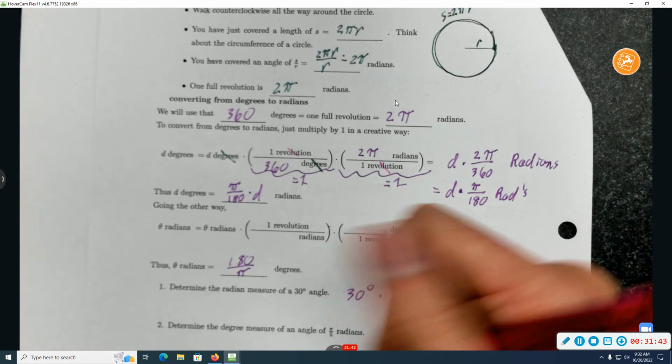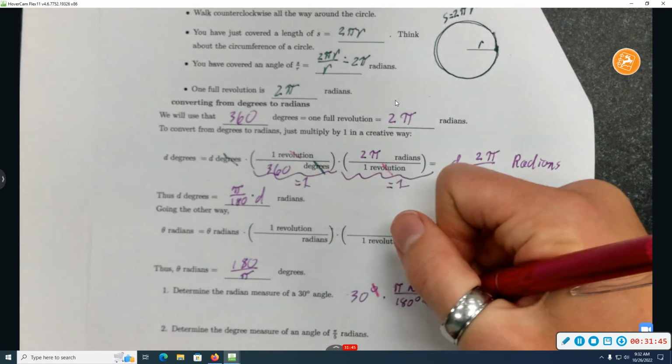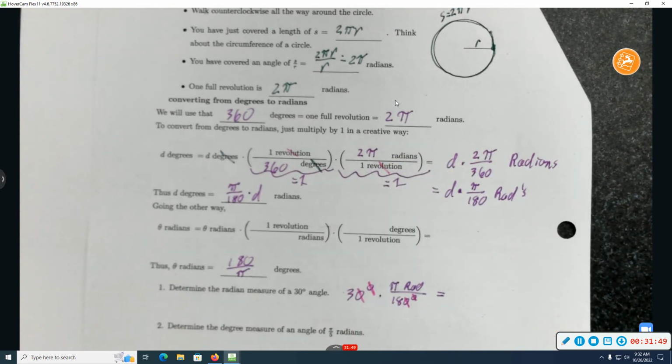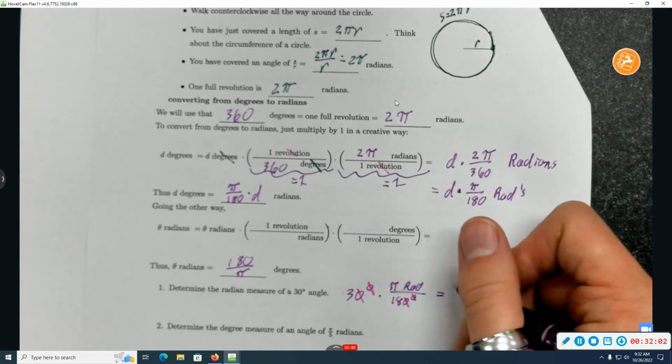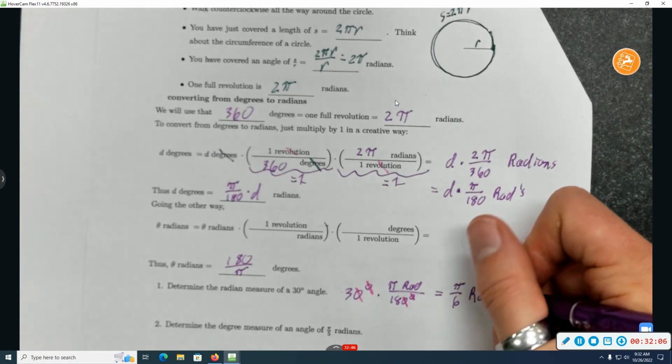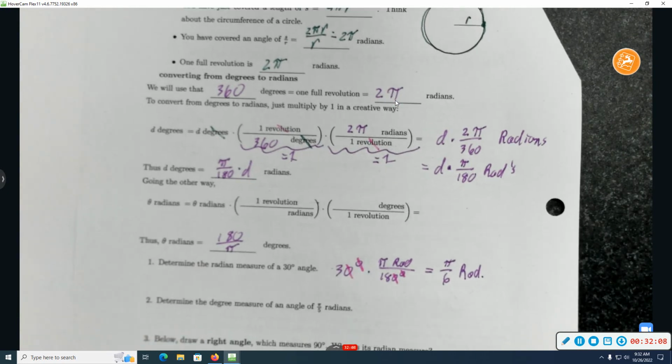One thing we can do for free is the degrees will cancel. The 10 and the 30 will cancel with the 10 and the 18. Is 18 a multiple of 3? Yeah, 18 is 3 times 6. So in the end, we just get pi over 6. And it is in radians. That feel pretty all right?